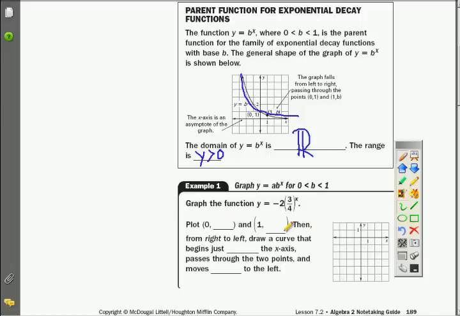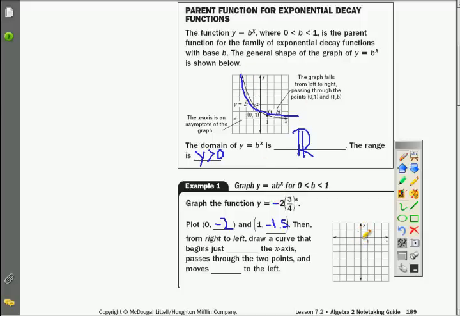So if I take a look at example 1, and I plug 0 in here, 3/4 to the 0 power is 1, so this is just -2. And I put 1 in there, I end up with -2 times 3/4, which is going to be -1.5. And because this is negative, it's going to be upside down from my parent function. It flips upside down.